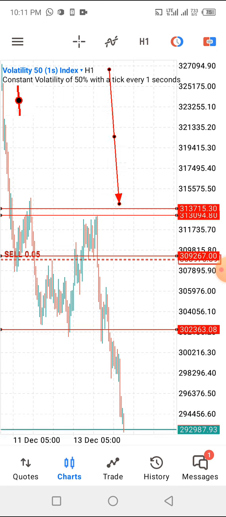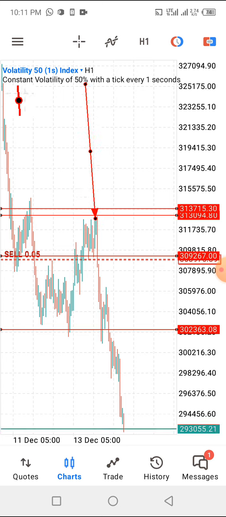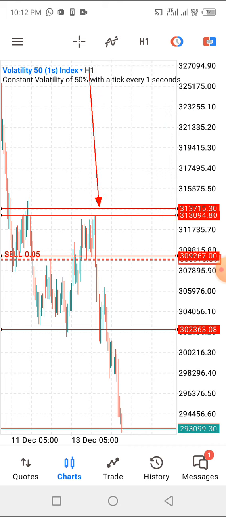The reason is, sometimes, as you can see, the price went and touched this resistance zone before it started selling again. So if your stop loss was exactly at your resistance zone, the market will kick you out and you will probably lose money.